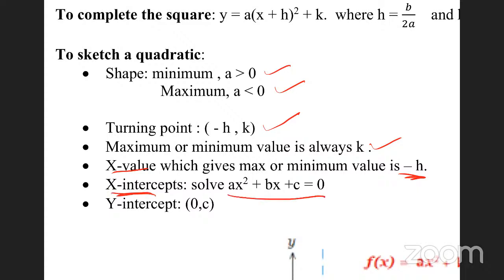Solve it. And I showed you the formula yesterday, remember? x is equal to minus b plus or minus the square root of b squared minus 4ac, over 2a. Right? What's the next method? Completing the square, and the next method, factorize. No calculator, right? And the y-intercept is always (0, c).